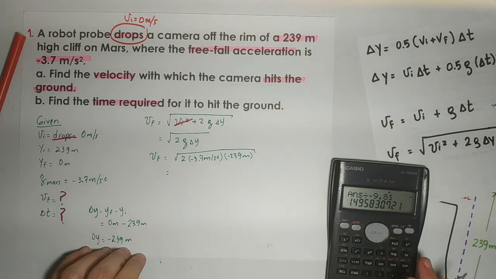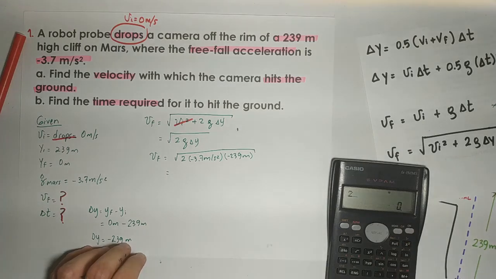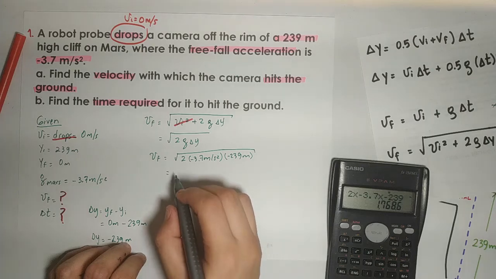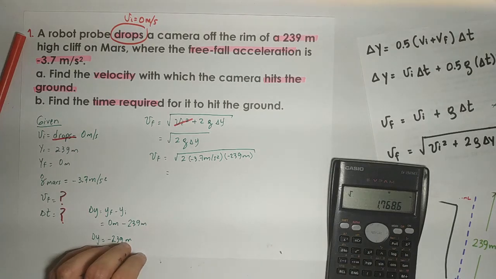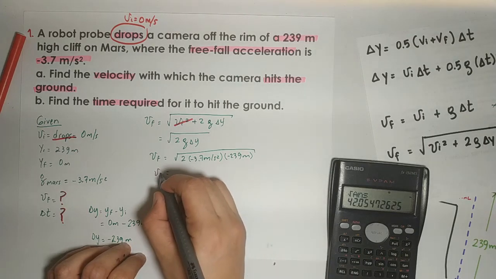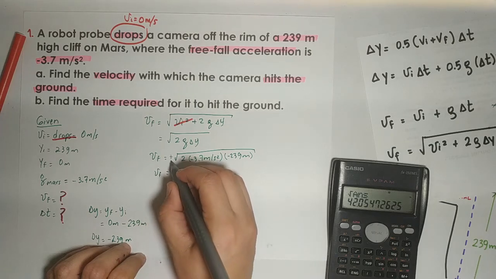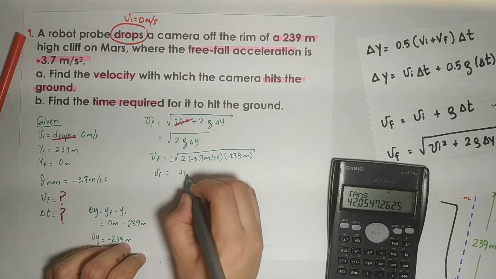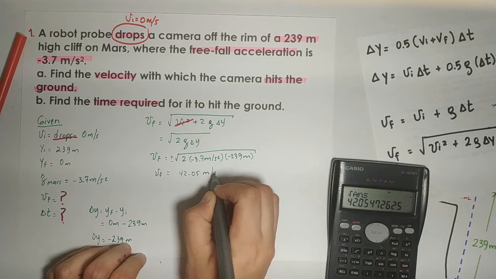When you solve all this, I get the square root, and it is plus or minus 42.05 meters per second.